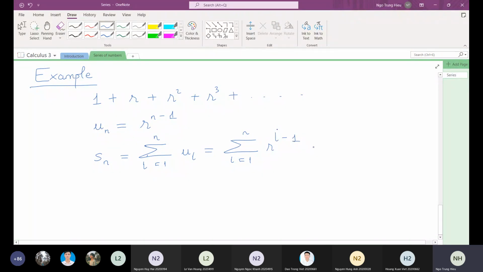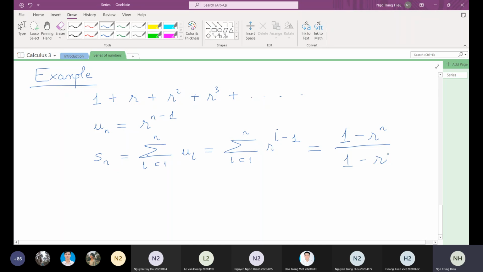Does anyone know how to compute this partial sum? What is it equal to? If we take the sum of r to the i minus 1, i running from 1 to n, what is this partial sum? It's 1 minus r to the n over 1 minus r. Very good, thank you.